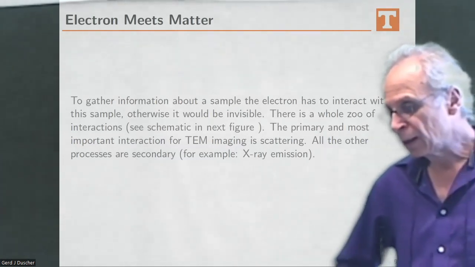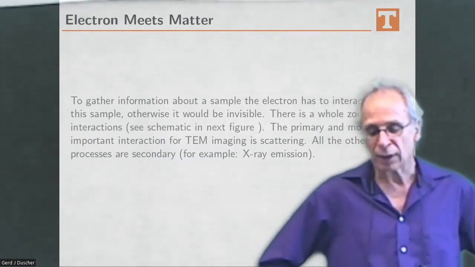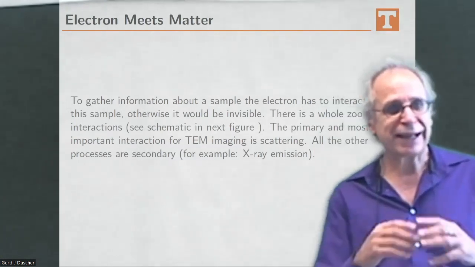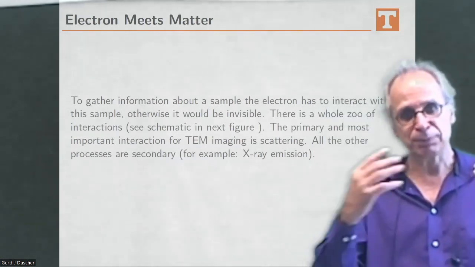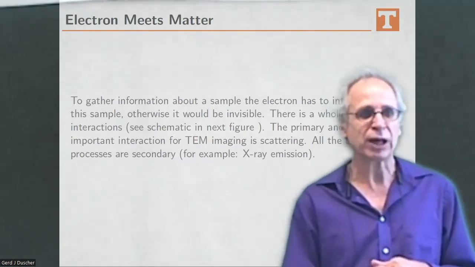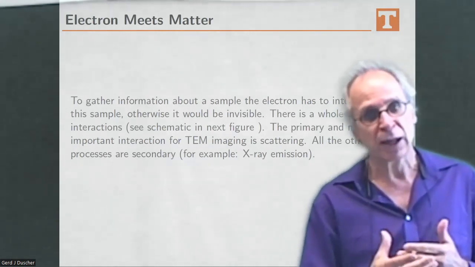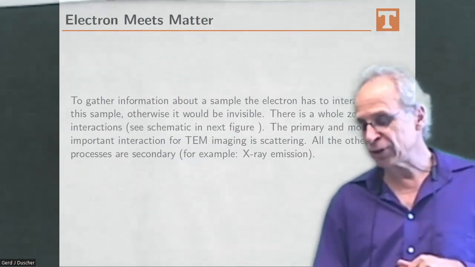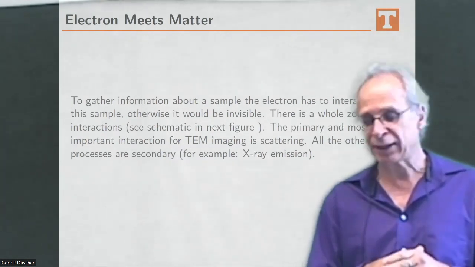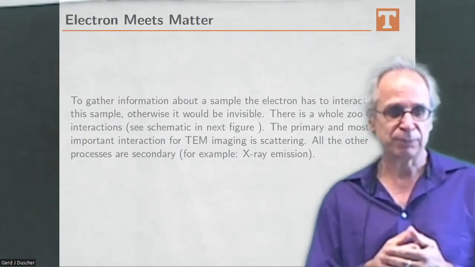Okay. So now we are back to getting information out of the electron microscope. In order to get any information out of it, the electrons have to interact with the sample.